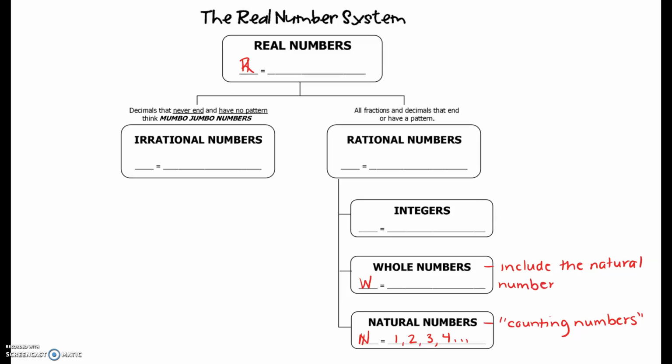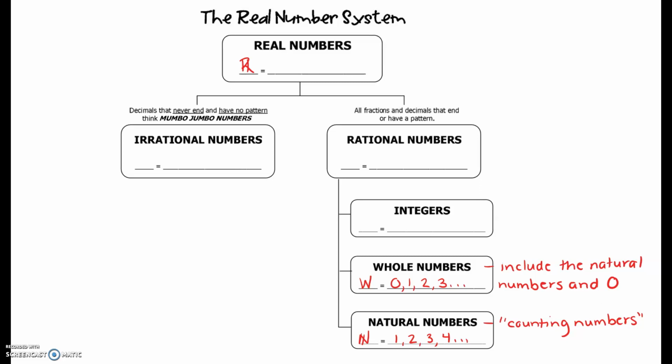That one additional number is 0. Okay, so our whole numbers would be considered 0, and then 1, 2, 3, and so on. So our natural numbers are part of our whole number group, plus we add in the number 0 when we consider whole numbers.